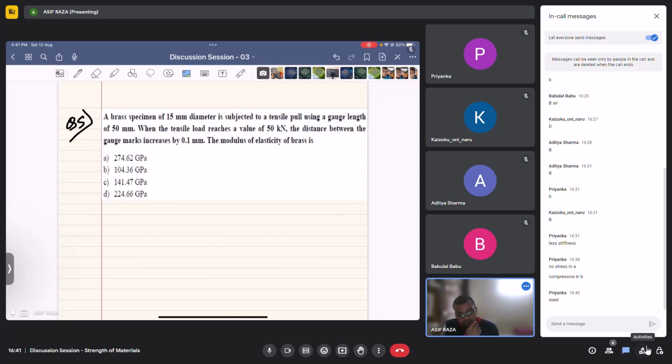The question is: a brass specimen of 15 mm diameter is subjected to a tensile pull using a gauge length of 50 mm. When the tensile load reaches a value of 50 kN, the distance between the gauge marks increases by 0.1 mm. What would be the modulus of elasticity of brass? And the options are given.